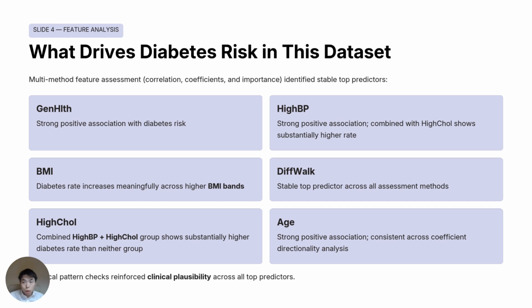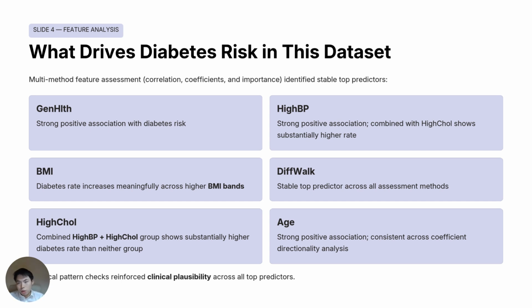After the model started behaving better, I wanted to understand which features were driving the predictions. So I ran feature analysis using correlation checks and model signals. Across the different methods, the most consistent and important predictors were general health, high BP, BMI, difficulty walking, height, and age.